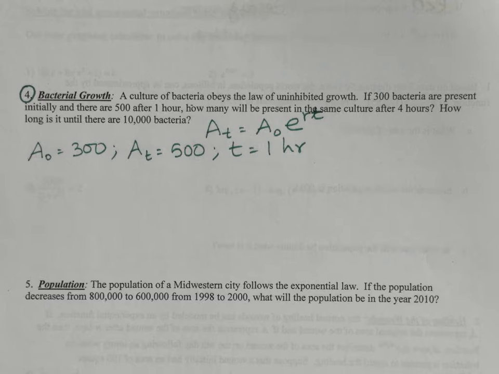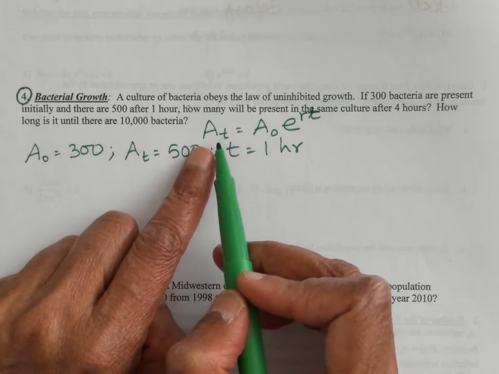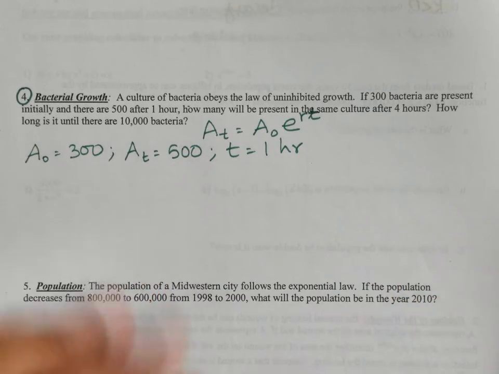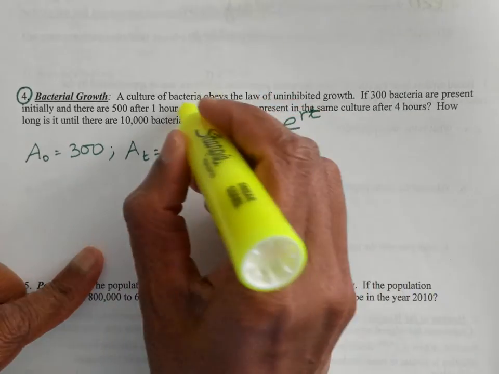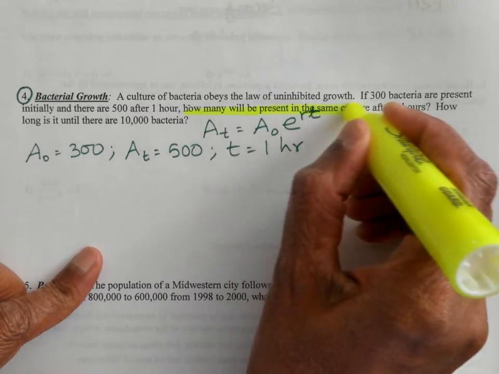How many will be present in the same culture after 4 hours? For me to calculate how much 300 will grow to in 4 hours, what is the one thing that's missing? I need to calculate the R. So this is what I'm trying to solve: how many will be present after 4 hours.